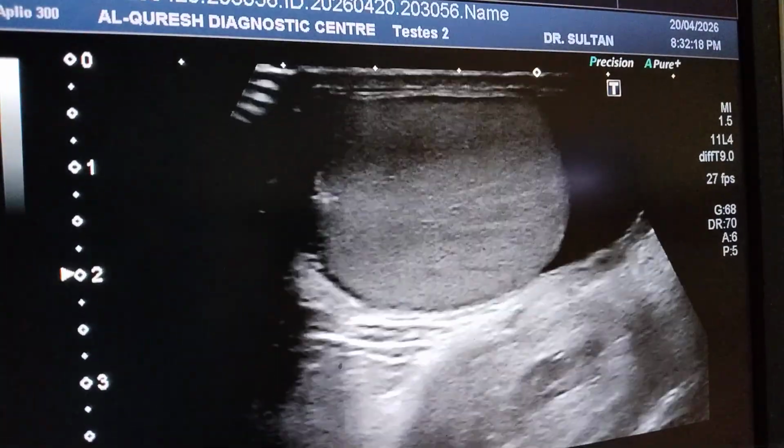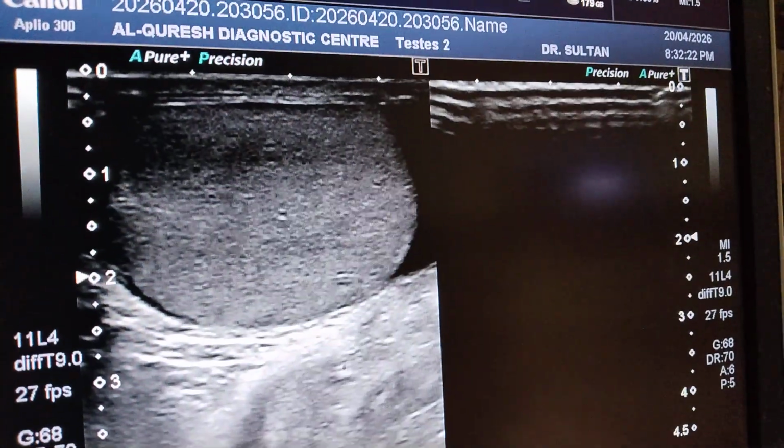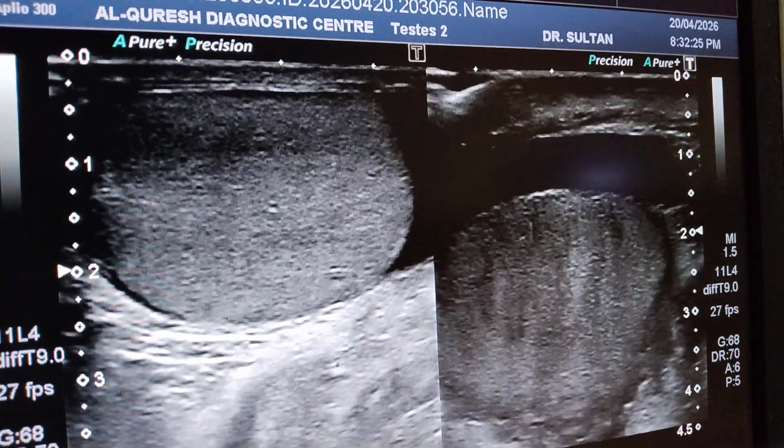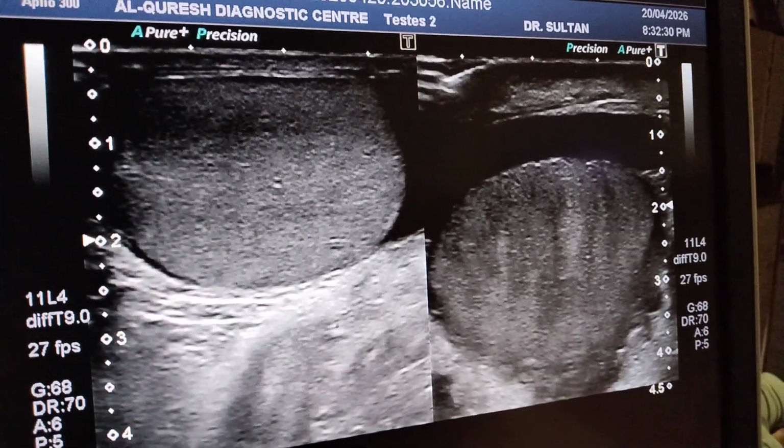This is the right testis. And this is the left testis.